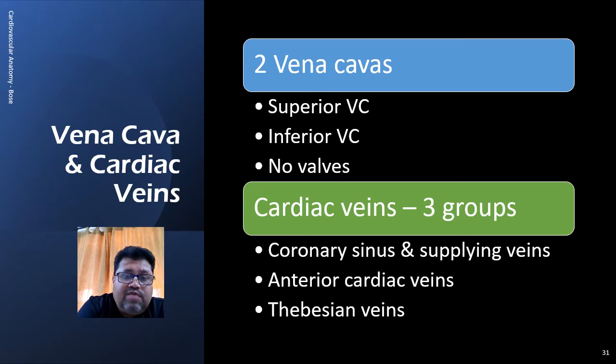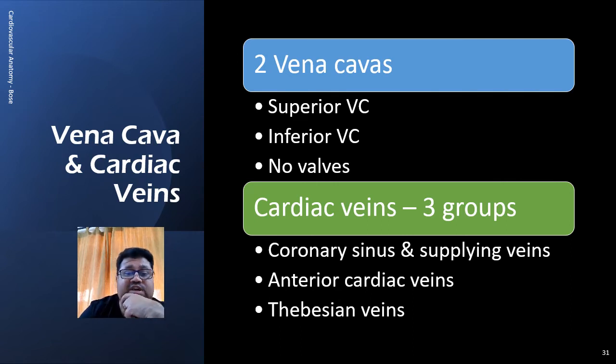The superior vena cava is approximately 3 inches long from the termination in the upper part of the right atrium, opposite the third right costal cartilage, to the junction of the two brachiocephalic veins. The superior vena cava drains the head and the neck into the right atrium.